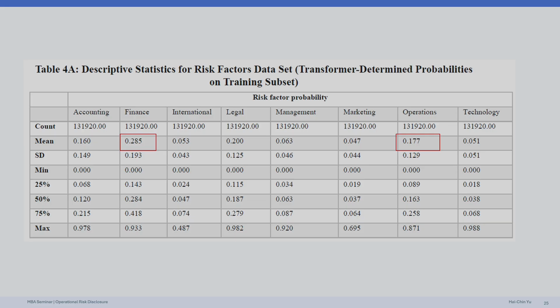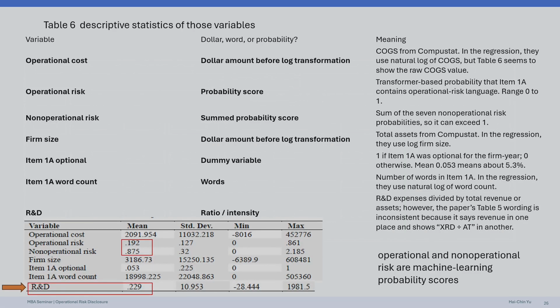The lowest probability is for marketing risk, only 0.047. Very low. Technology very low. Management very low. But finance risk probability is relatively high. So this is table 4A.